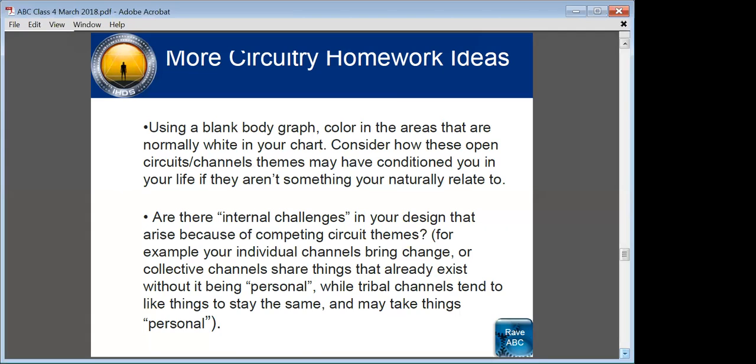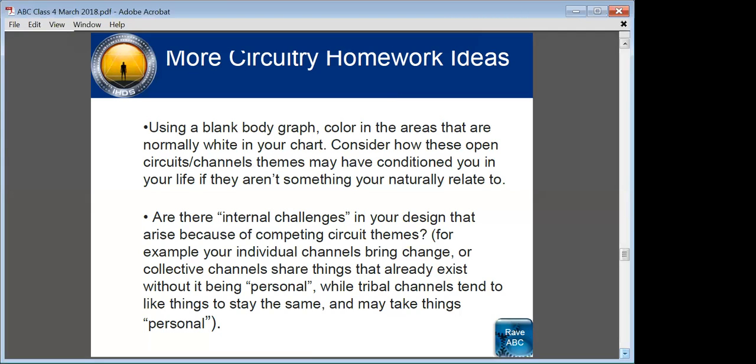And this was what happened with me when I looked at my chart too. There are internal challenges sometimes that arise when I have competing themes. My individual channel brings change, and my collective channels share things that are already there in the pattern. None of those are personal though.